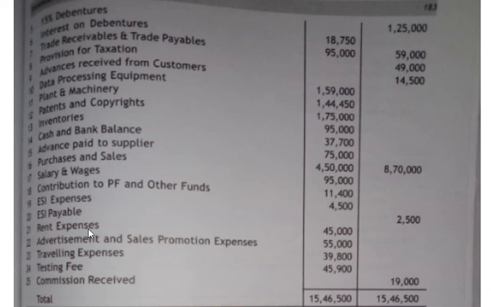Your rent expenses will be your other expenses. Advertisement and sales promotion expenses will come under your other expenses. Traveling expense will come under your other expense. So testing fee is also another expense. Commission received, it's an other income in your statement of profit and loss account.